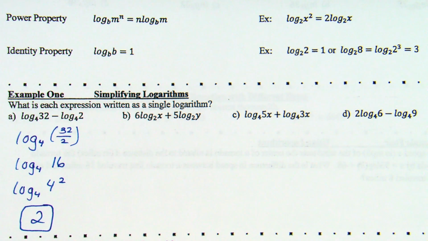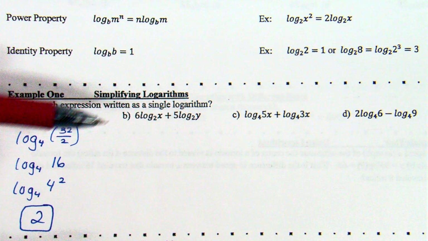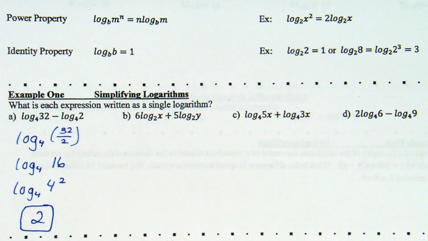The one thing I'm going to say, I heard product out there from some of you. Hold that thought. I can't use product yet. And why can't I use product yet? Because I have coefficients. I have numbers in front of my logs. Yeah, so I can't use product yet, but how can I move that 6 and that 5? I can move that 6 and 5 by using my power property.